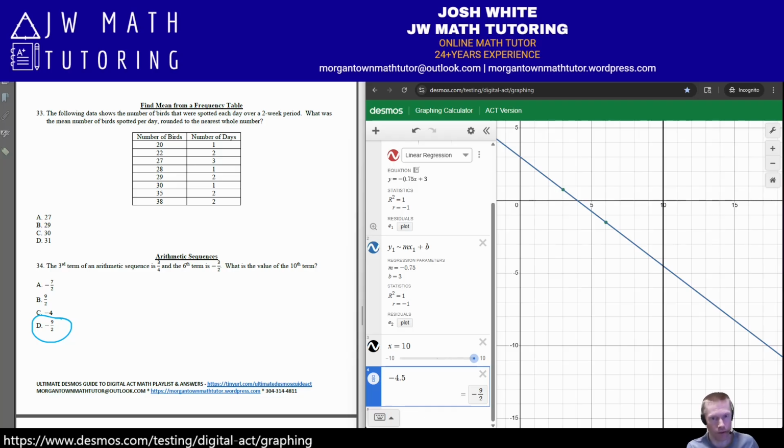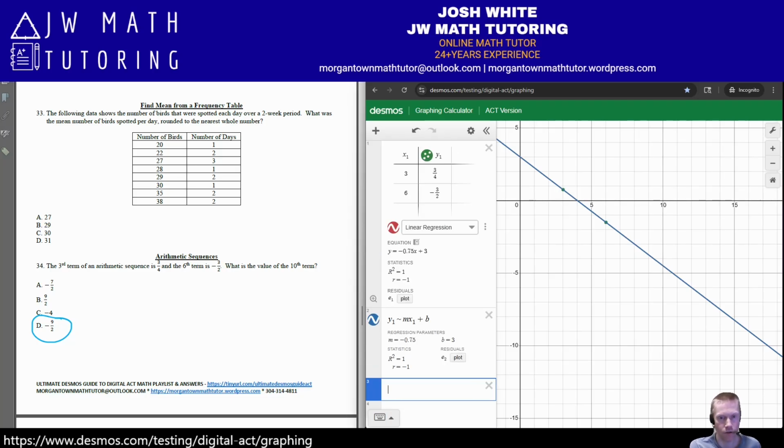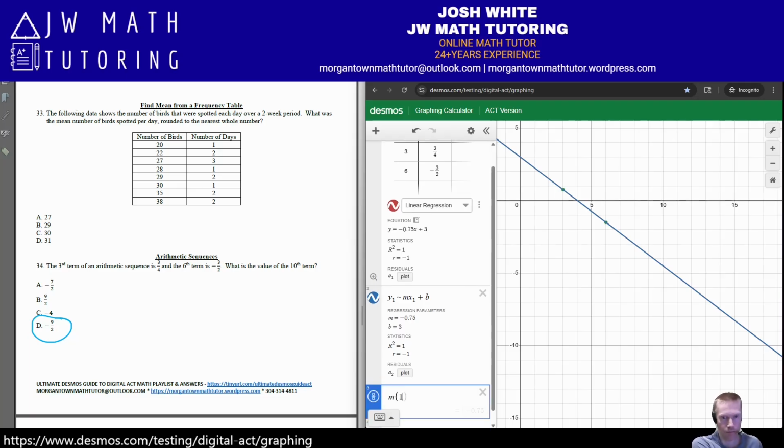You could also, instead of graphing x equals 10, plug 10 back into the function. So you could set m times 10 plus b, and it would also give you -4.5. And you click this, -9/2. Notice this will only work if you have the actual regression statement typed.